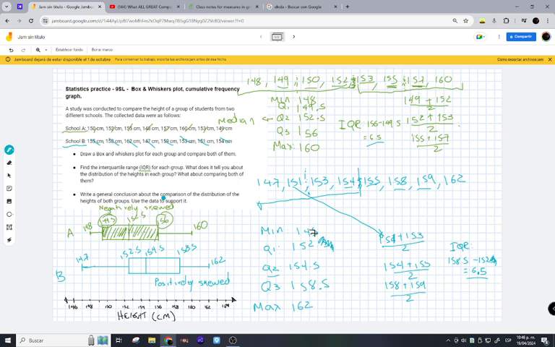They are equally spread across their respective ranges. What's the difference? Once again, this one is skewed more towards the negative side, the smaller heights, and this one is skewed more towards the taller heights.